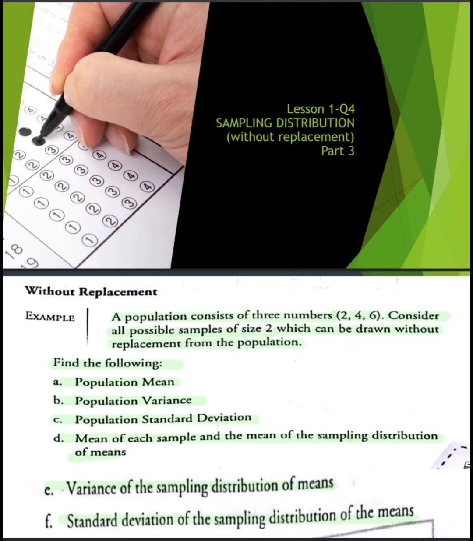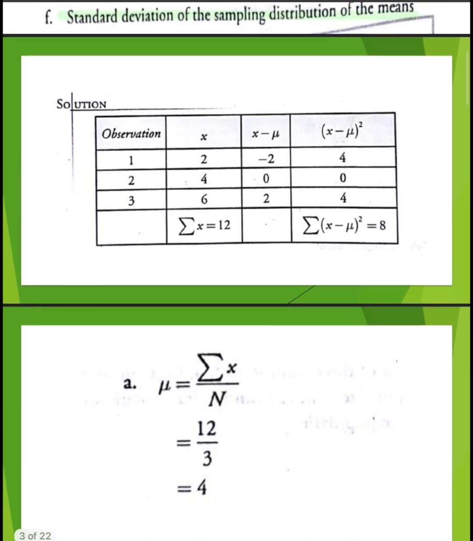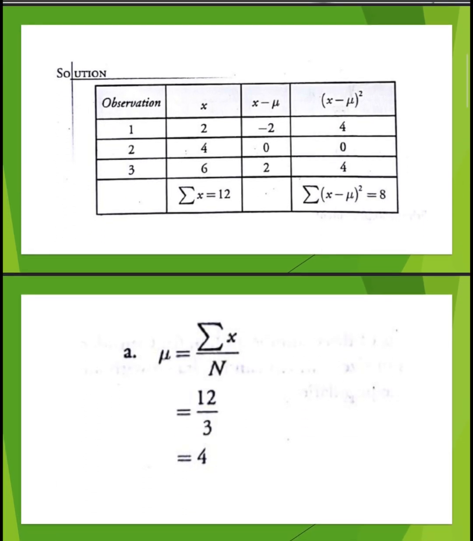To find the population mean, let's construct the table of the experiment. Now, a population consists of three numbers, right? So therefore, there are three observations. 1, 2, 3. Now, the first observation consists of the number 2.